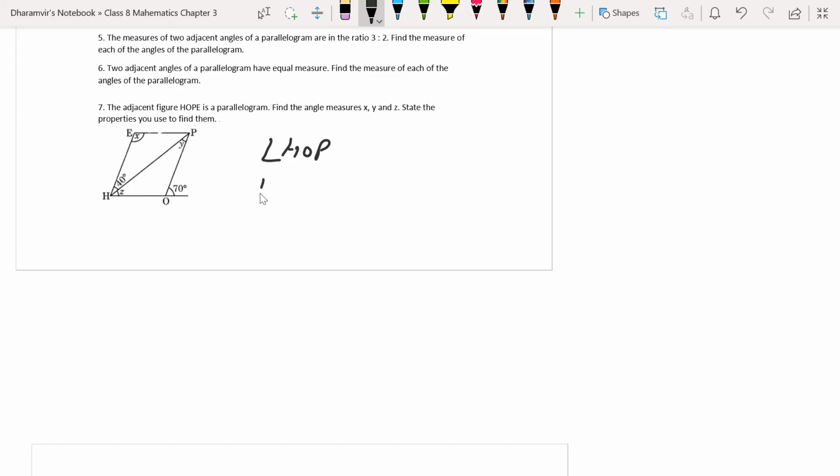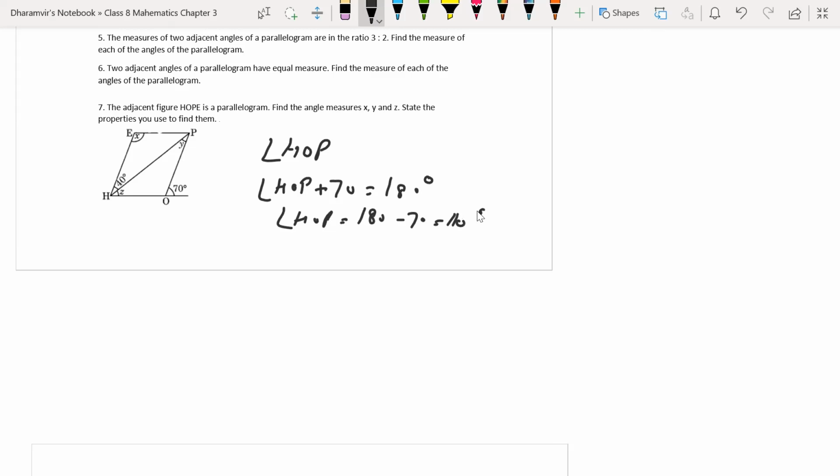We can state here that the sum of the linear pair is angle HOP plus 70 is equal to 180 degrees. These are adjacent angles, and adjacent angles are supplementary. So angle HOP is 180 minus 70, which is equal to 110 degrees.